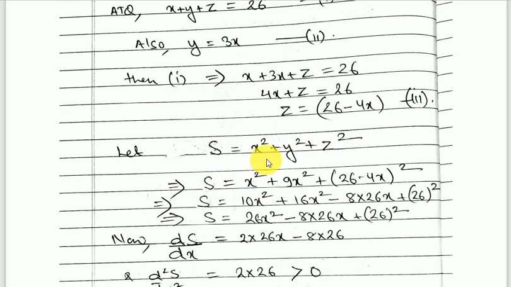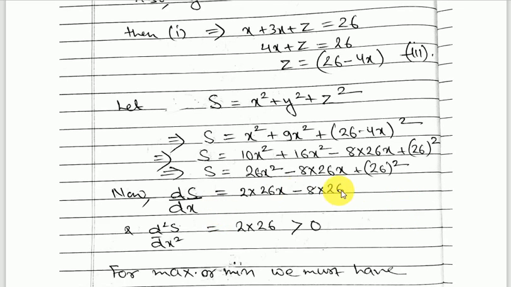Here we'll write it in terms of x. So x square, let it be as it is. y can be written as 3x, so it becomes 9x square. z can be written as 26 minus 4x, so we can write 26 minus 4x whole square. Simplify this, you get S is equal to 26x square minus 8 into 26x plus 26 whole square.